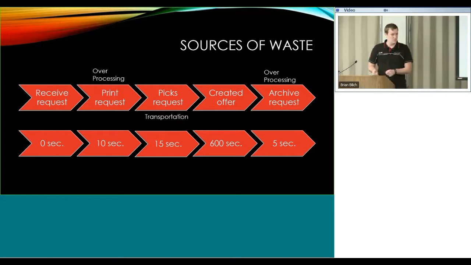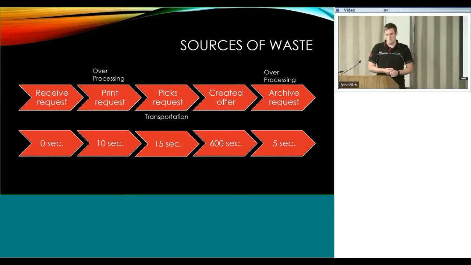If I don't print the request, I don't have to go for the paper. Create the offer, then I need to give the customer the offer. And archiving the request is not necessary because the system archives it itself, so archiving the paper isn't necessary.